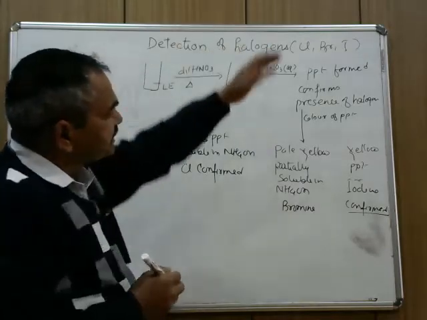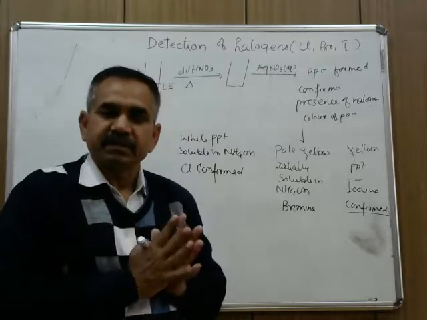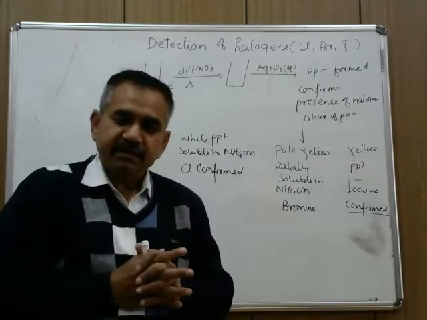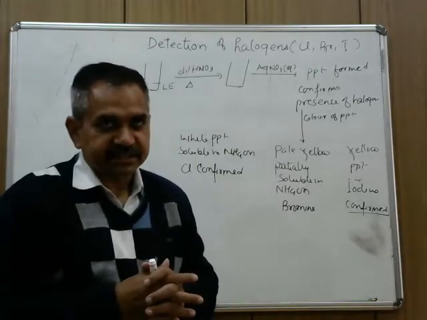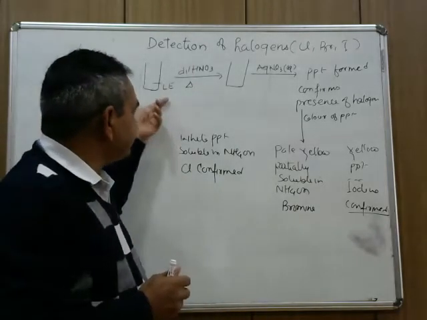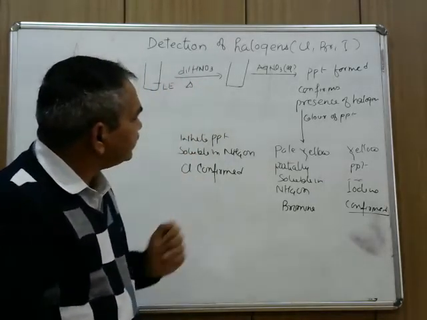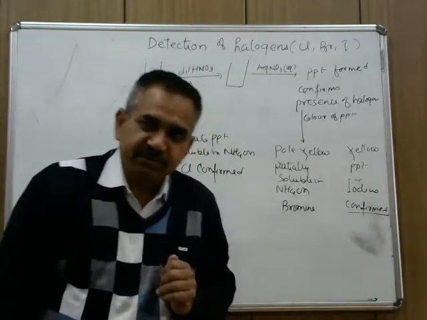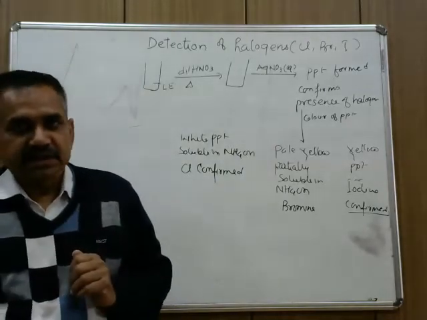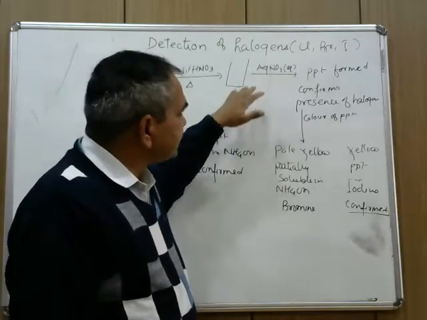So this is the procedure involved for the detection of halogen with the help of Lassaigne's extract, in which a little amount of Lassaigne's extract is taken and boiled for a while with dilute HNO3. Then it is cooled and aqueous silver nitrate solution is added to it.